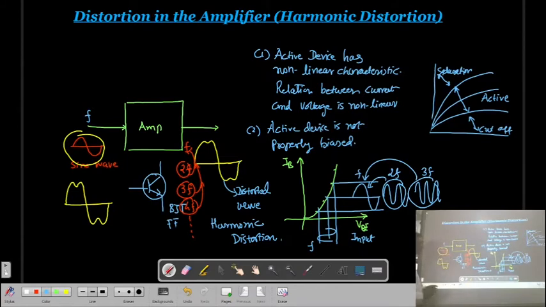Here, remember, at the input of the amplifier we have only one frequency F, but the output contains 2F, 3F, 4F, which are not present at the input of the amplifier. They are only present at the output. And at the output you are getting the superposition of all these waves, and therefore the distortion is created. Correct? Now, how to define this distortion or how to calculate the distortion?